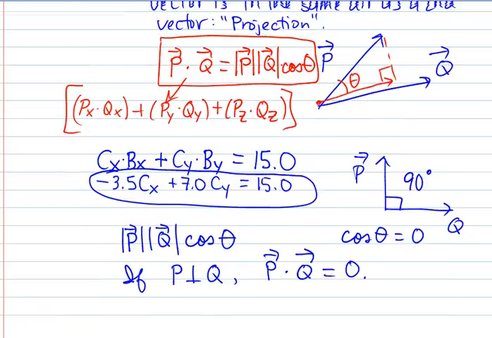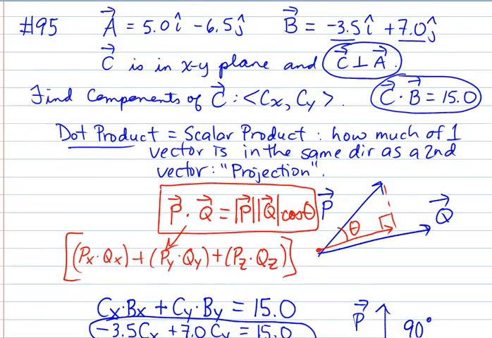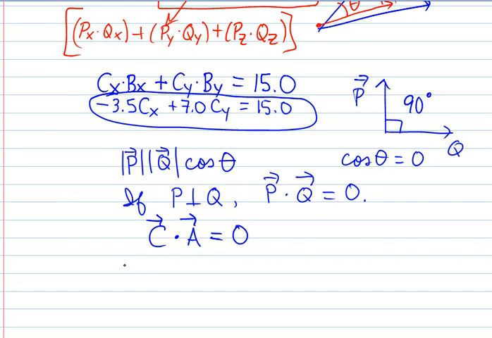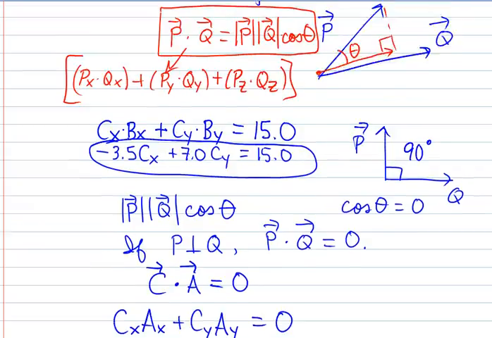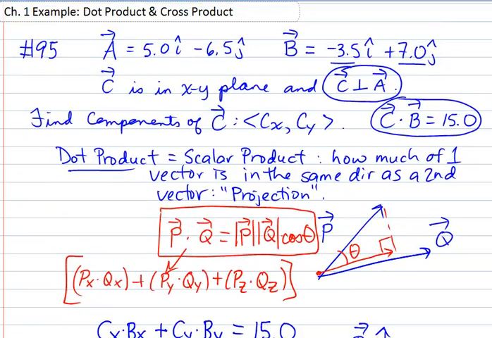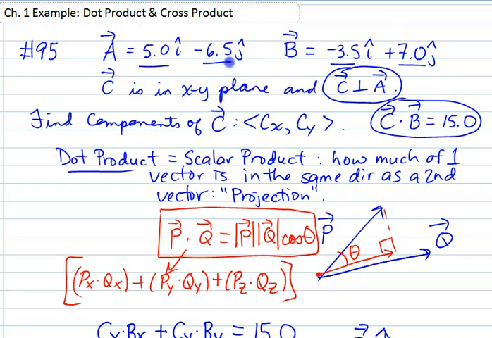Going back to what we're given, we know that C is perpendicular to A, so C dot A equals 0. We have Cx Ax plus Cy Ay equals 0, and we have the components of A as plus 5 and negative 6.5.